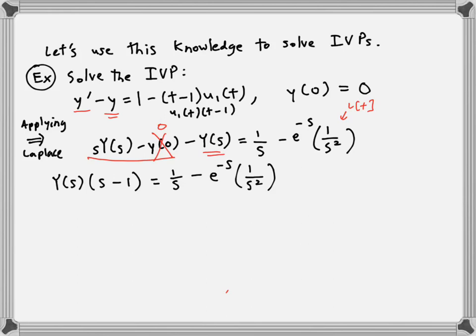And then if we divide both sides by s minus 1, this means that y of s is equal to 1 over s times s minus 1 minus e to the negative s times 1 over s squared times s minus 1.